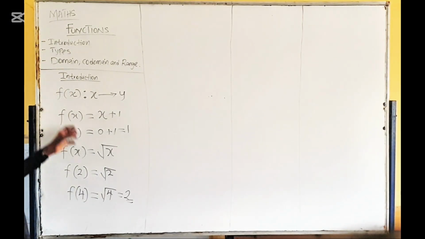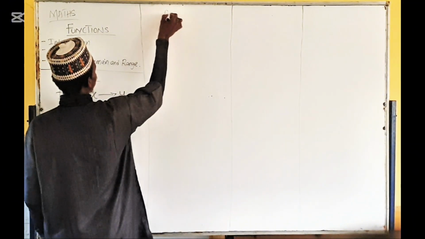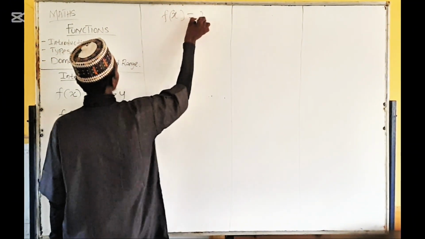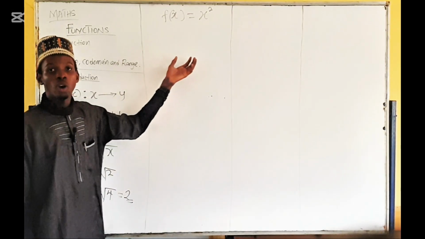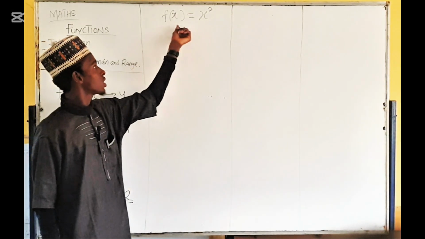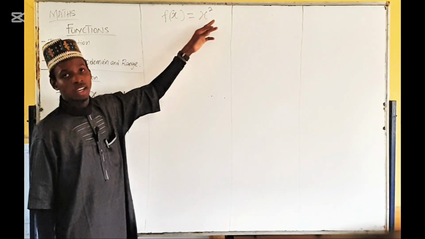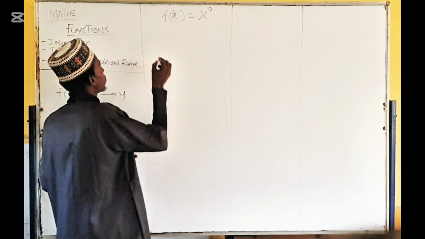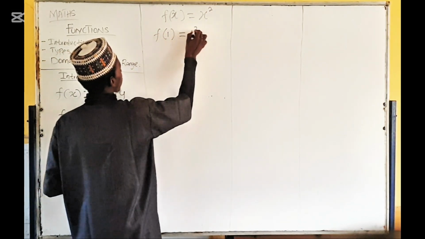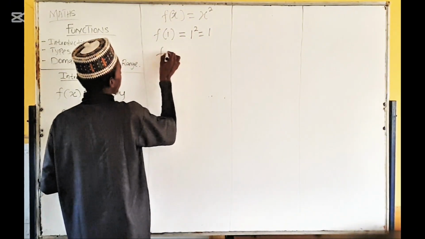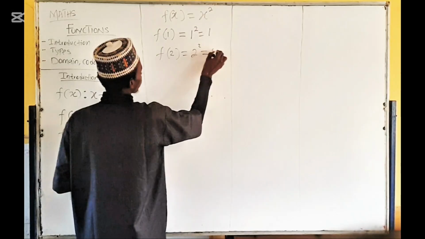So now all these are examples of what? Of function. For example, this function f of x is equals to x squared. This function also has its own rule. The rule says whatever is your input, take it, multiply it by itself, that is the square, and then generate the result. For example, if I try to find what is f of 1, it will say 1 squared and is equals to 1. What is f of 2? It will just say 2 squared and is equals to 4.